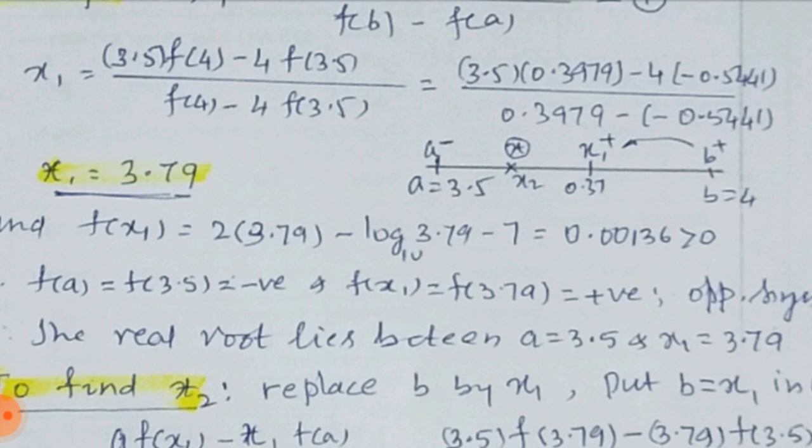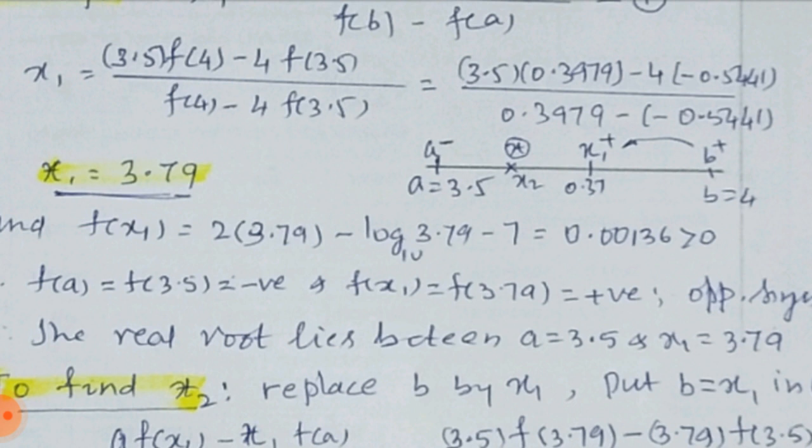f of x1 is equal to f of 3.79, which is equal to 2 into 3.79 minus log 3.79 base 10 minus 7, which is equal to plus 0.00136. It is positive. f of a, that is f of 3.5, is negative, and f of x1, that is f of 3.79, is positive.